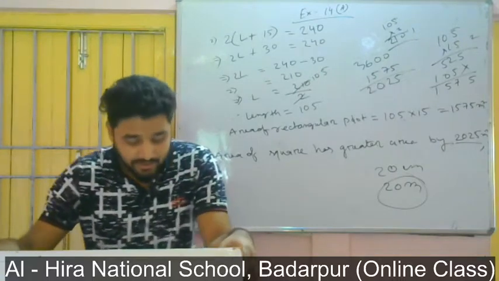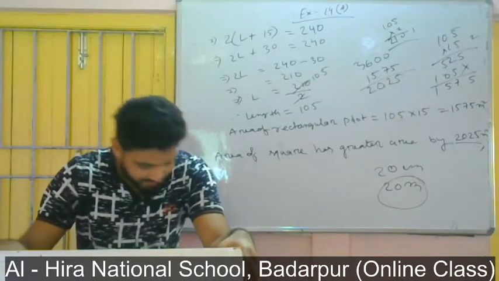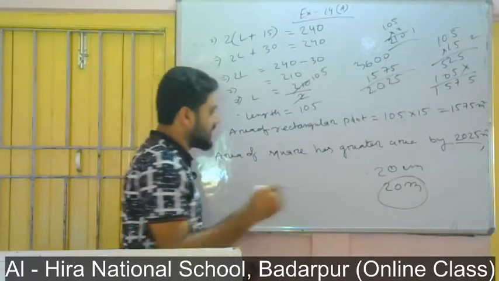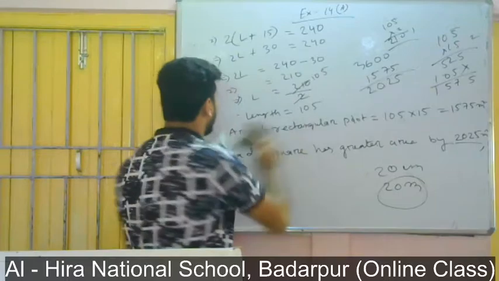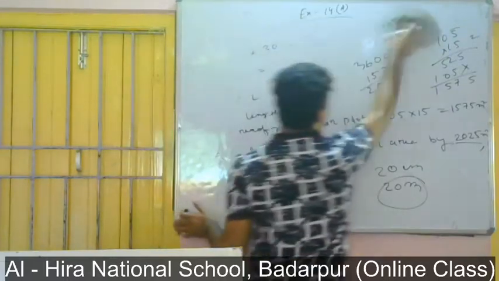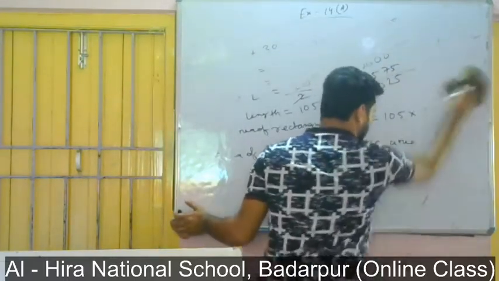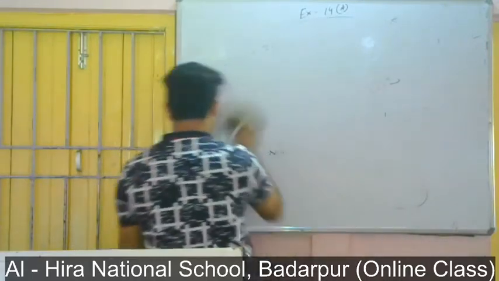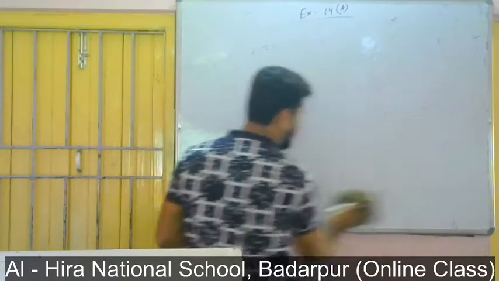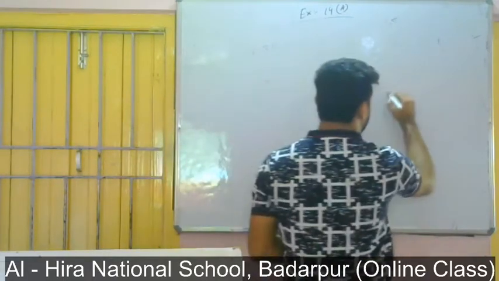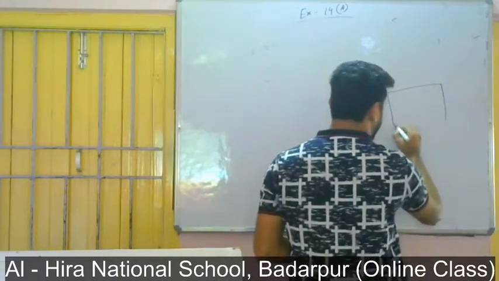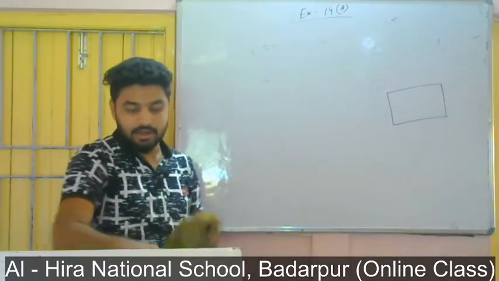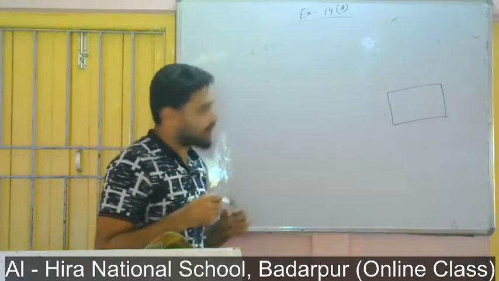Now you see, a rectangular field is to be fenced on 3 sides. That means, suppose this is a rectangular plot.